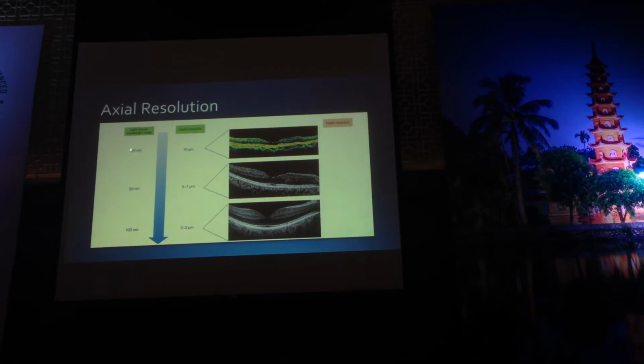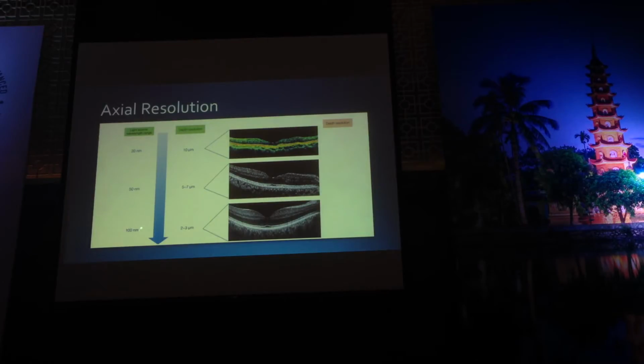The bandwidth is inversely proportional to the depth resolution, or the image resolution. So you have a resolution of about 10 microns. But if you use a wider bandwidth, as in spectral domain OCT, the resolution value is smaller, and you get a better quality of image, right?